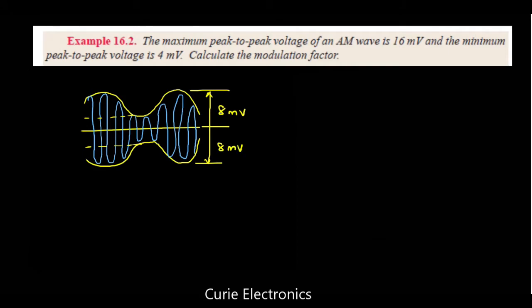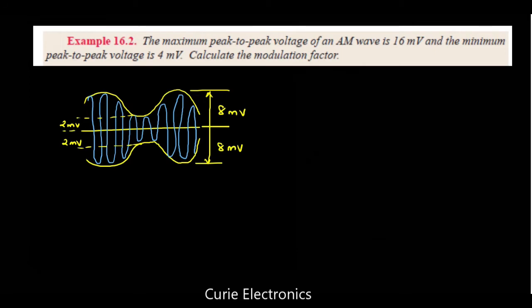Now, what is the minimum peak to peak voltage? He has given us 4 millivolt, so 2 millivolt above and 2 millivolt below.